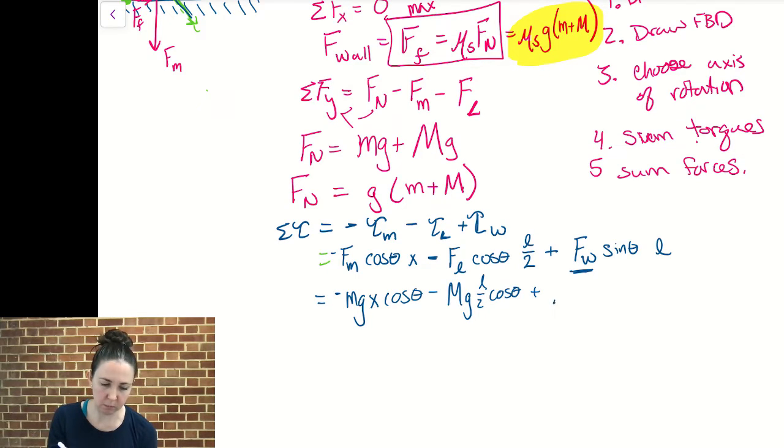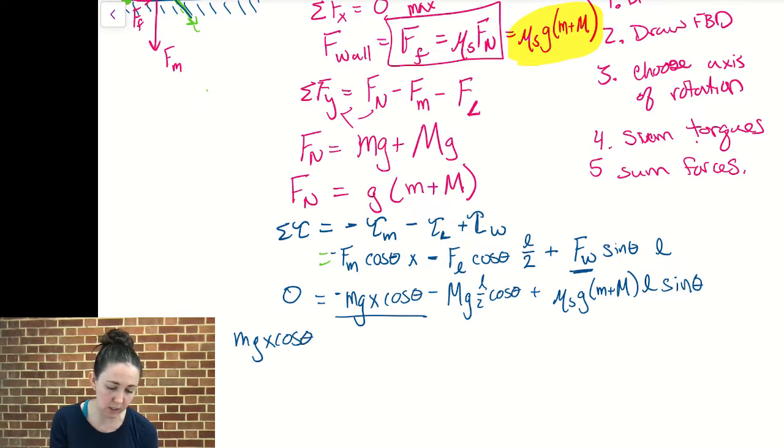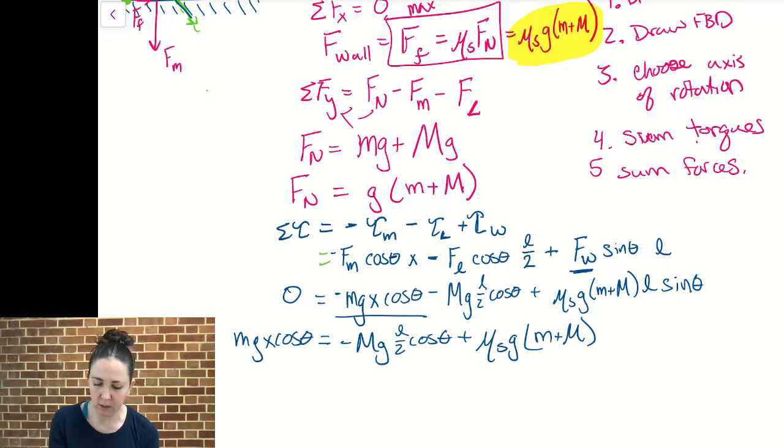So that is mu sub s g little m plus big M L sine theta. I'm going to move this term to the other side because that's what we're looking for. So I get mgx cosine theta equals negative big M, mass of the ladder, g L over 2 cosine theta, plus mu sub s g, mass of the person plus mass of the ladder, times the length of the ladder times the sine of theta.